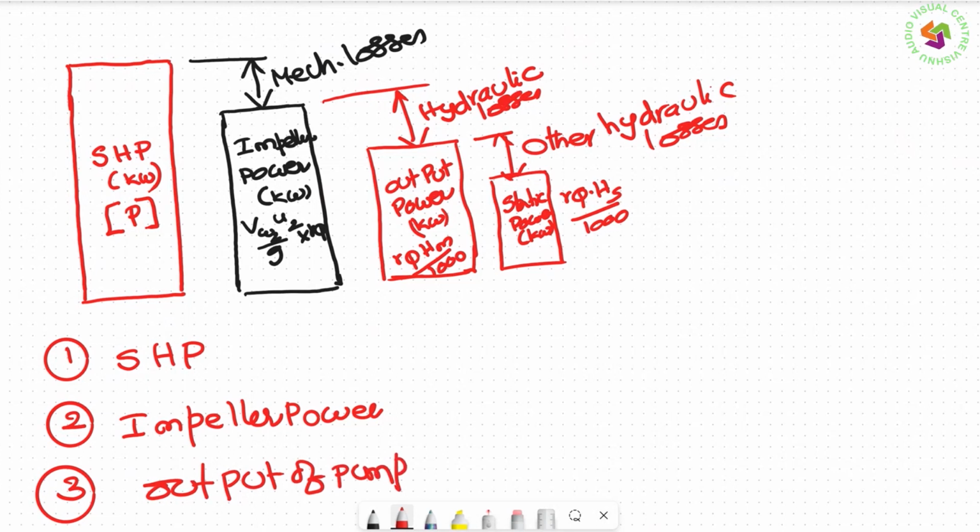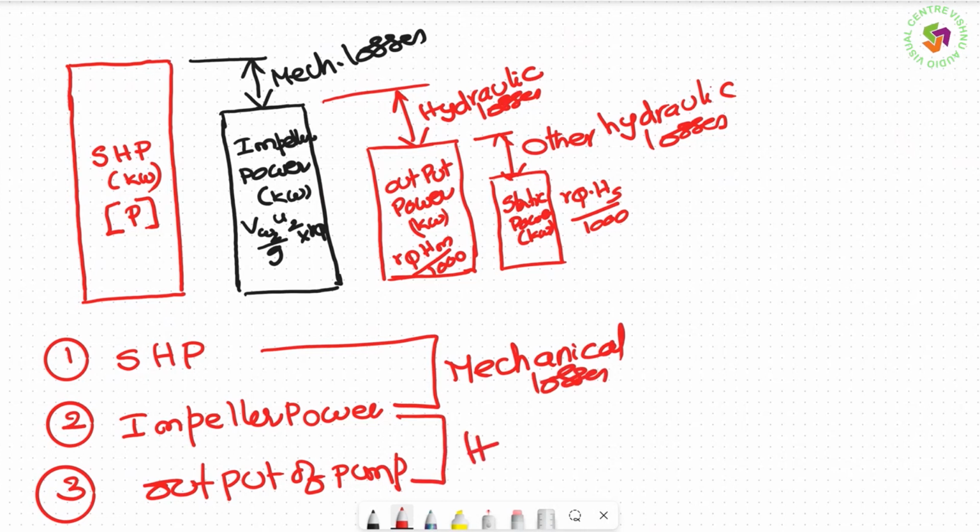So these are the three things that we should remember. Between the first two is mechanical losses, and between the last two is what we call hydraulic losses.